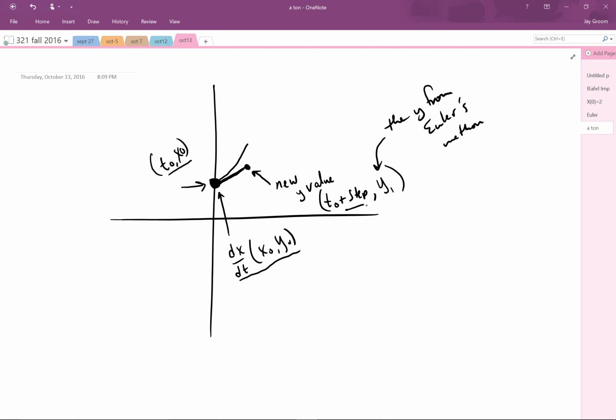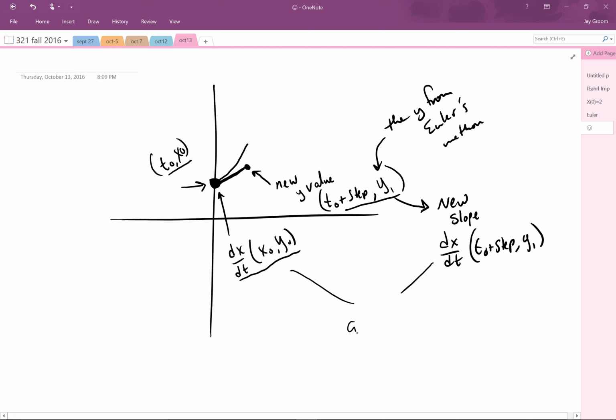Then you're going to take these 2 points and make a new slope, that is a dx dt of these points. And then you're going to average these two, and this is your new m.